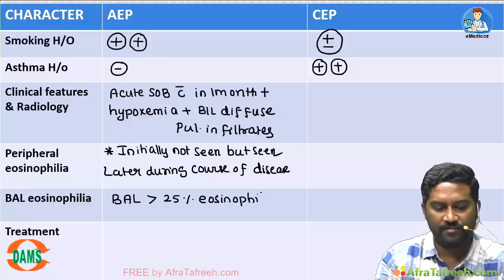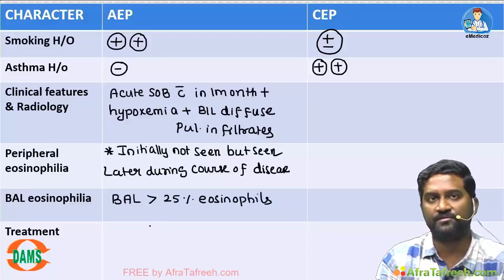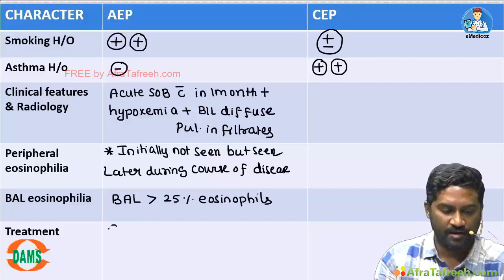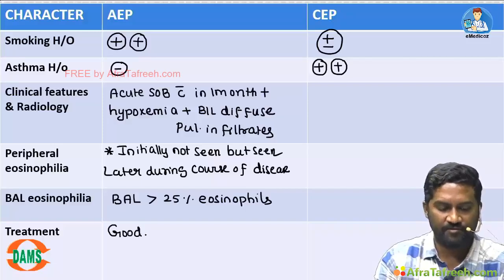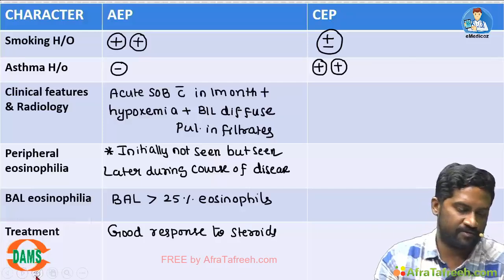Generally within the bronchoalveolar lavage, the eosinophils percentage is only 1 to 2%. Here it will be more than 25%, and these patients fortunately will have very good response to steroids.